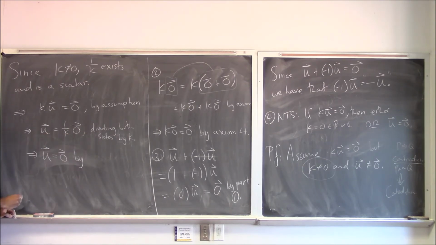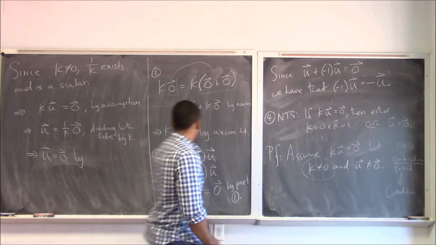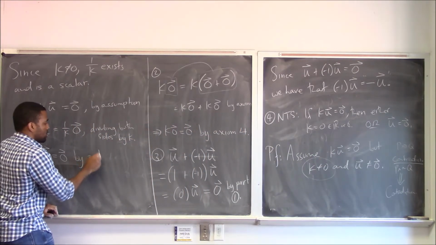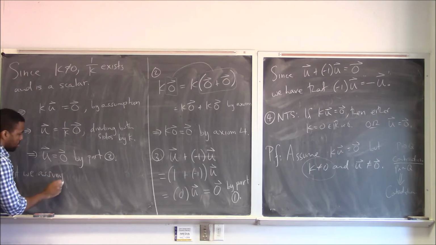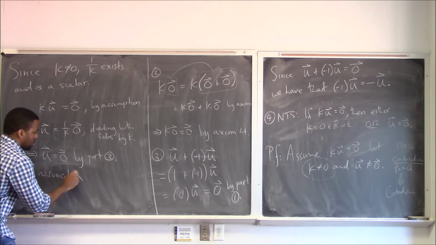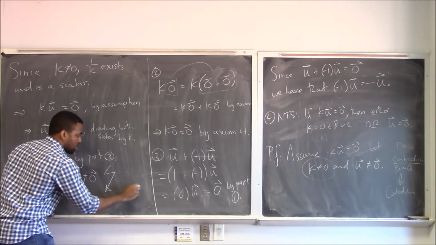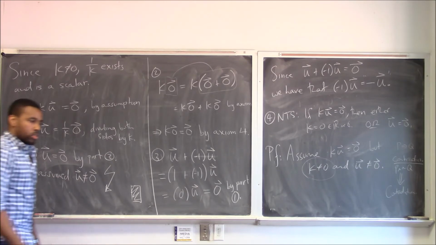That means u must be 0. But we assumed u was not 0. So this is by part 2. But we assumed u was not 0, and so that's a contradiction. And that ends it.